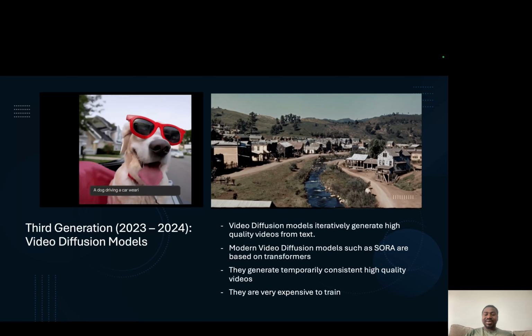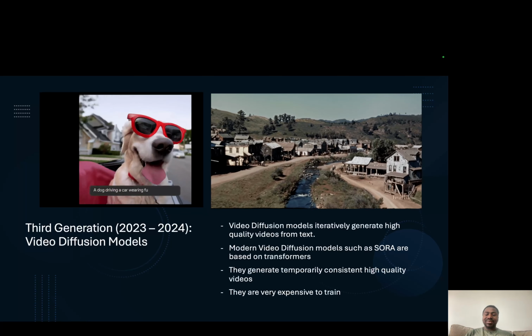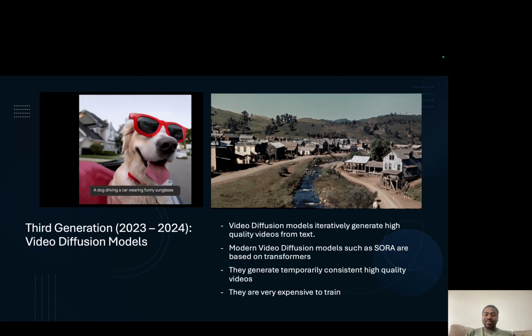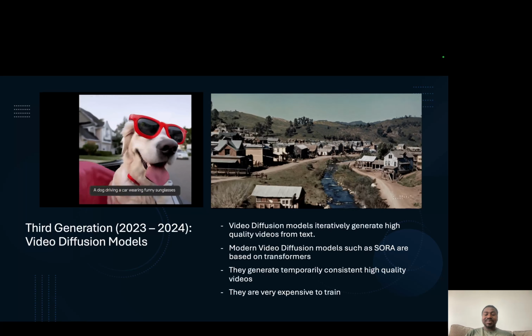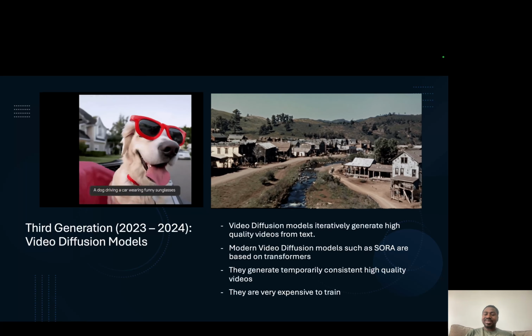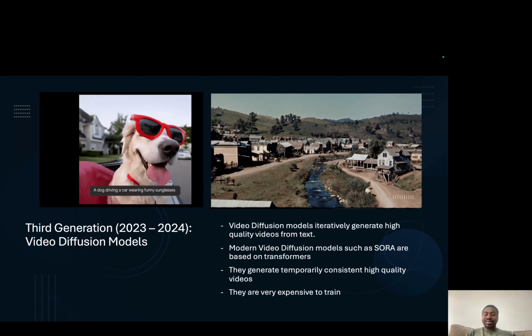Video diffusion models generate high quality videos from text through the same iterative process of diffusion. It's basically the same technology powering image generation, but with some modifications that allow it to work really well on videos.